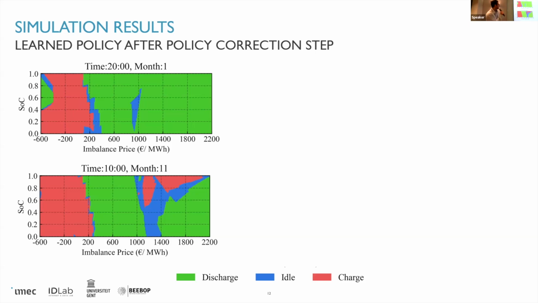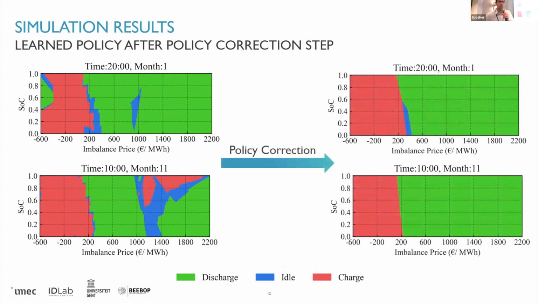As you can see at first glance, it's easy for us as humans to see it's a really non-intuitive policy, at least. But after policy correction, you can see that this policy turns into these two heat maps, which are smooth and, at least from a human perspective, intuitive.